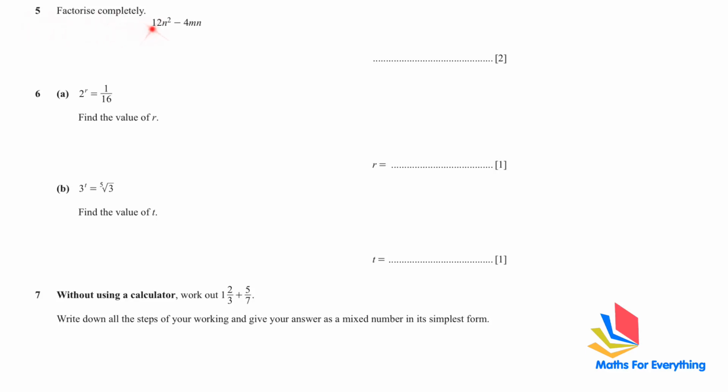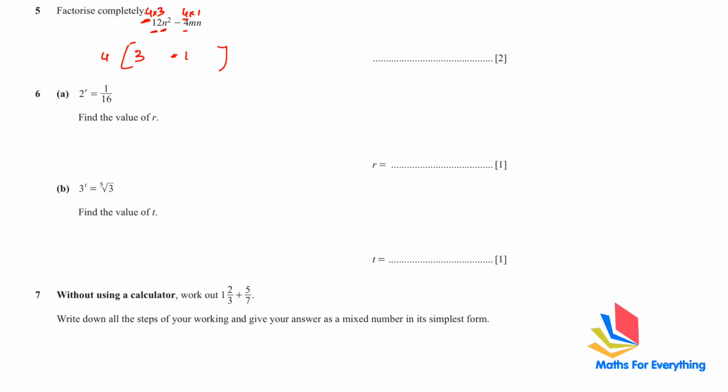Question number 5, factorize completely 12n squared minus 4mn. Make a bracket like this. Put a negative in the middle. Look at the numbers. We know that 4 times 3 is 12 and 4 times 1 is 4. So what is the common number here? 4. And we are left with 3 and 1.